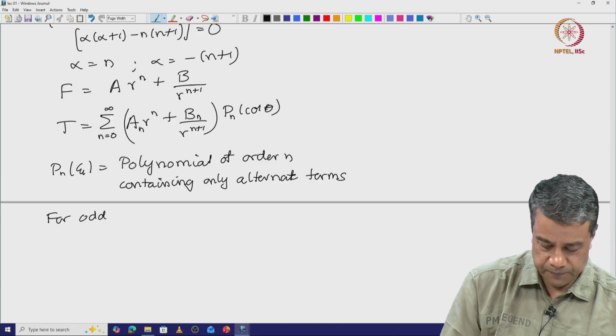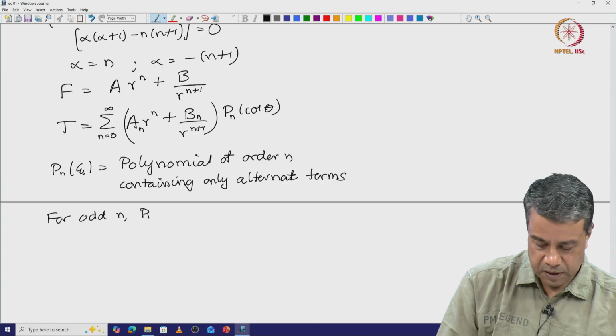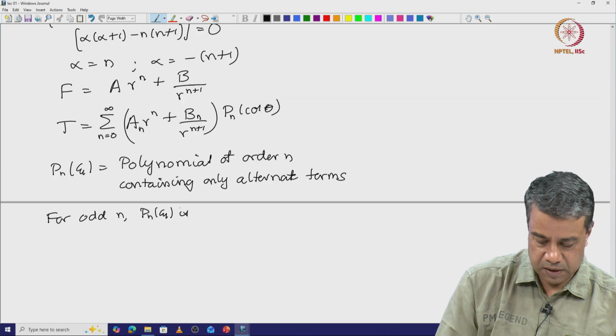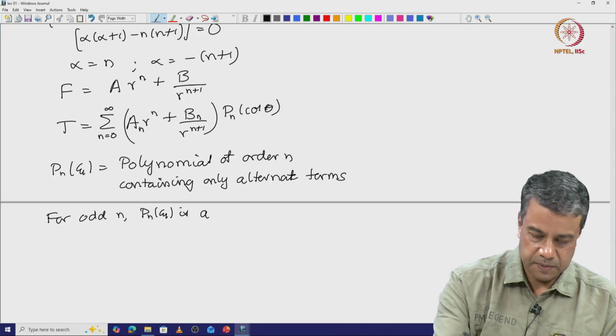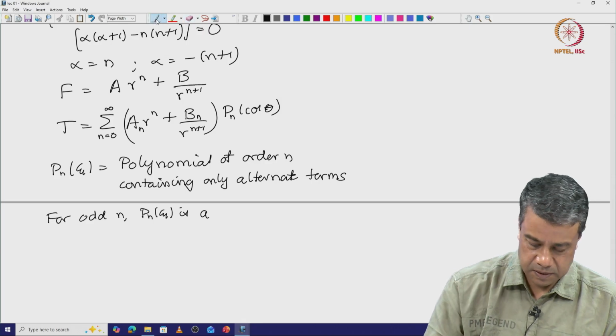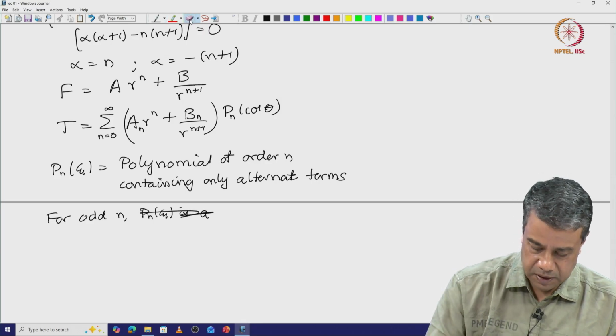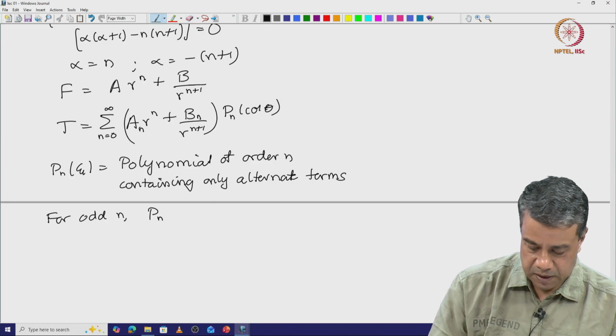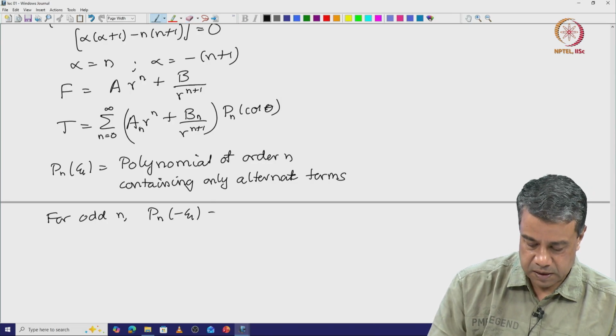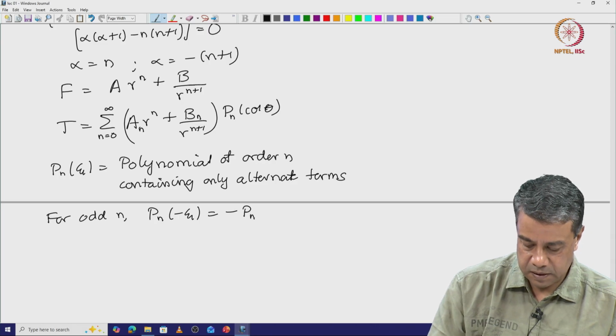odd n, p n of minus psi is equal to minus p n of psi.